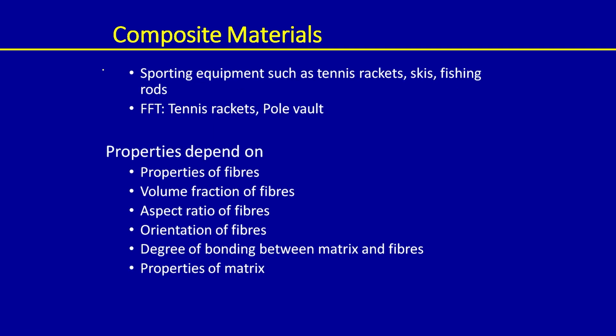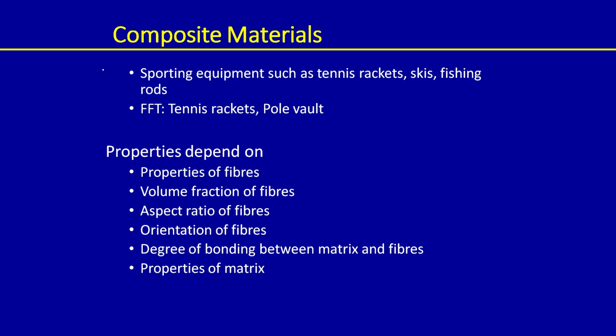Sporting equipment like tennis rackets, skis, fishing rods, or even pole vault poles are made up of composite materials. So, obviously the properties of a composite material depend upon the properties of the fiber, the volume fraction of the fibers, the aspect ratio of the fibers, that is, diameter versus length, and the orientation of the fibers, whether you put them like this or like that, cross or parallel orientations are possible, and the degree of bonding between matrix and fibers.